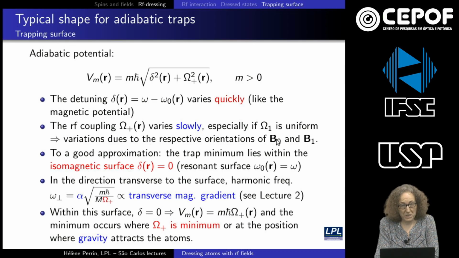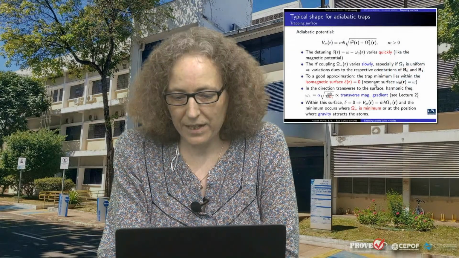So if B0 changes, it changes the definition of sigma plus polarization. Because this varies slowly and this varies quickly, to a good approximation, the trap minimum will lie where the detuning is 0. So this gives us a surface, an isomagnetic surface, where the potential minimum will lie.